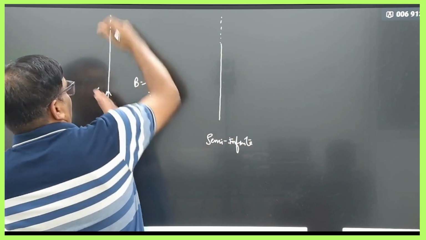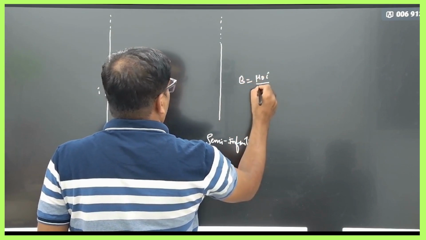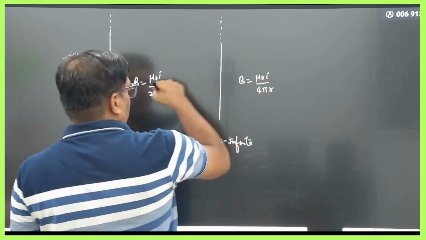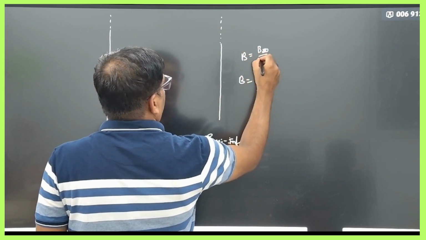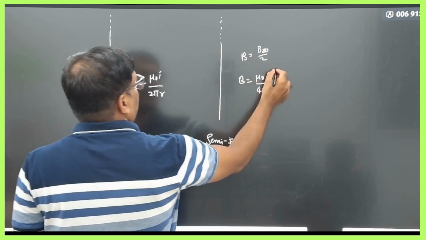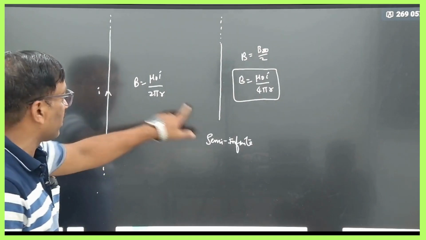So that means exactly half of this. What you get is mu naught I by 4 pi r, half of this: B equals B infinite by 2. Clear? Very important formulas, semi-infinite and infinite.